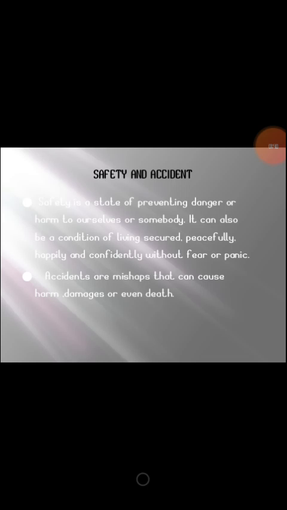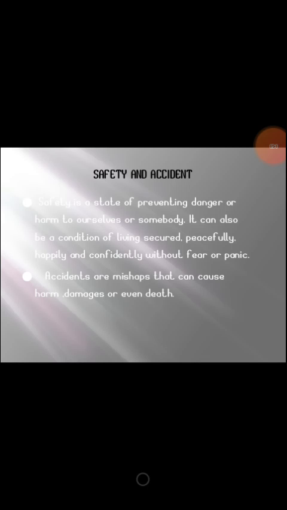So when we say safety, it is a way of preventing accidents, a way of preventing danger to ourselves or somebody. And when we say safety, we need to apply safety precautions in order to avoid accidents.